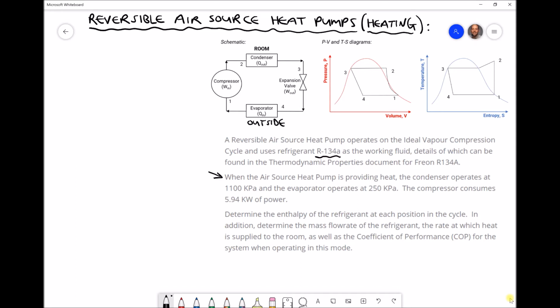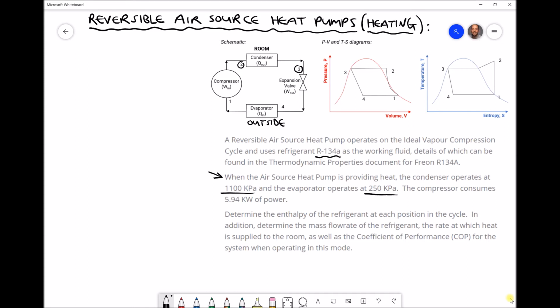Next then, it tells us that when the air source heat pump is providing heat, the condenser operates at 1100 kilopascals and the evaporator operates at 250 kilopascals. If we refer to our PV diagram and our schematic diagram, we can see that if our condenser operates at 1100 kilopascals, then P2 and P3 must be 1100 kilopascals.